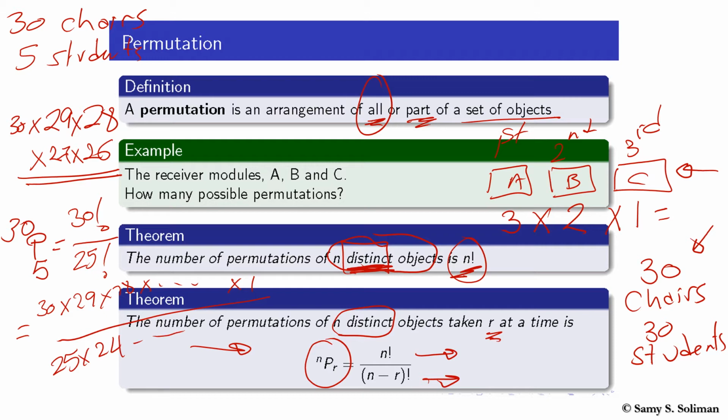As we can guess, the product of 25 times 24 times 23 and so on can be cancelled with the similar part from the numerator, and we are left with only these 5 numbers multiplied by each other. So again, permutations are only an application of the generalized multiplication rule.